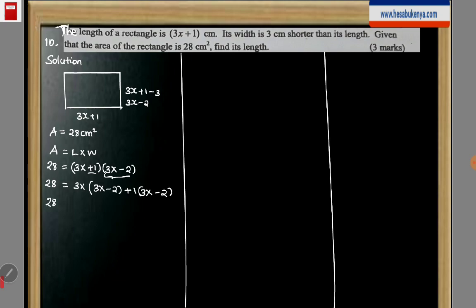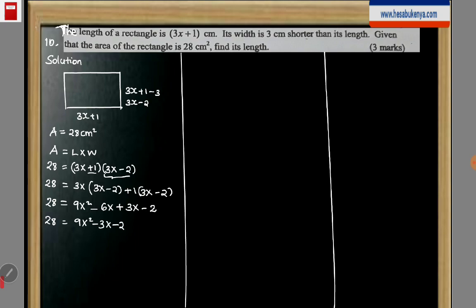So 28 will be equal to 3x times 3x is 9x squared, minus 6x, plus 1 times 3x is 3x, minus 1 times 2, which is 2. So 28 is equal to 9x squared minus 6x plus 3x is negative 3x, minus 2.